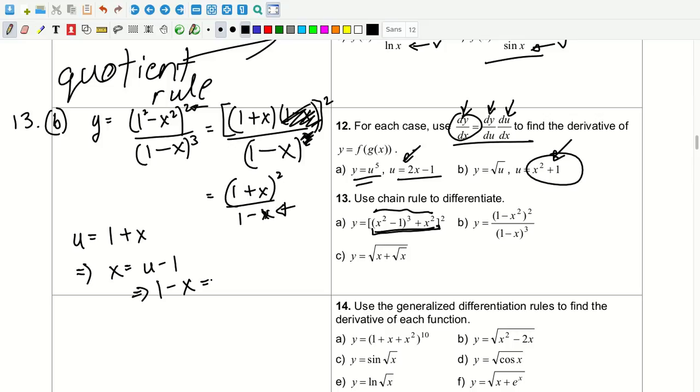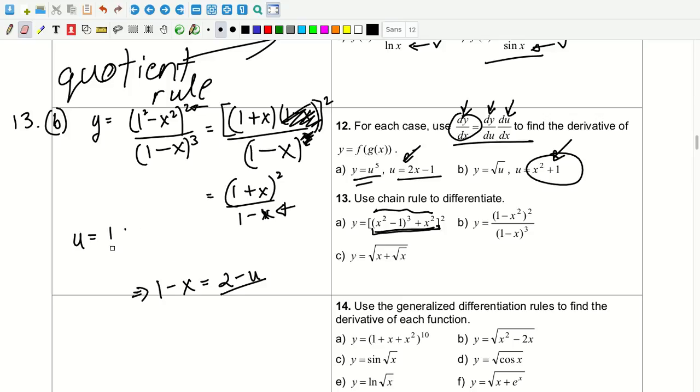Maybe we could just literally do... No, it wants us to do chain rule. That means that 1 minus x equals negative x, so it's going to be 2 minus u, I think. Because if you multiply by negative 1, you get that, and then add 1. Yeah, this is good. So it's 2 minus u.